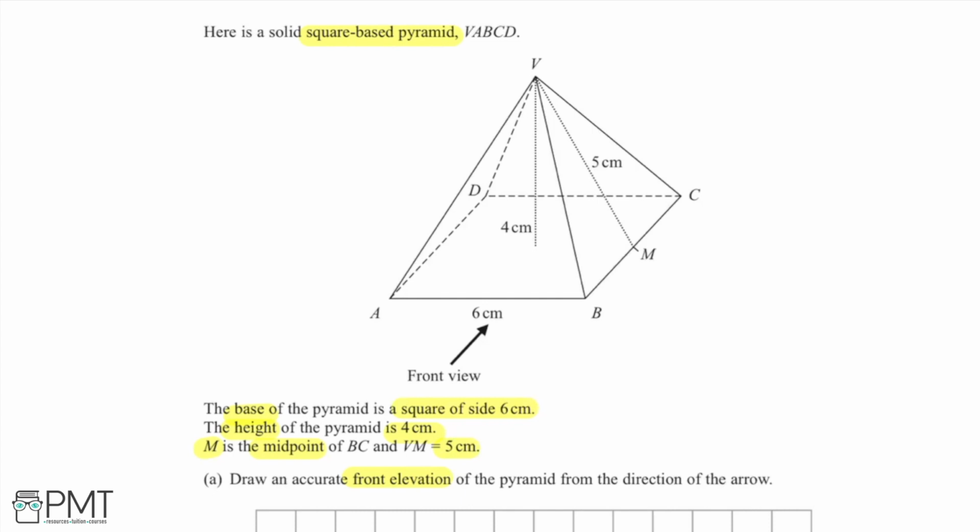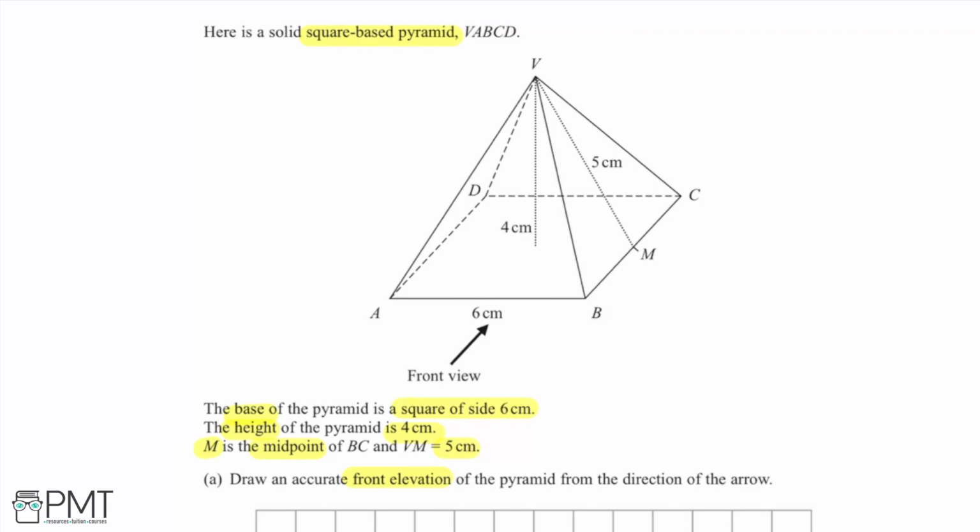So in the front view, we're simply going to see this triangle here, AVB. That's all we're going to see looking at this square-based pyramid from the front. So we're basically going to be looking at a triangle.